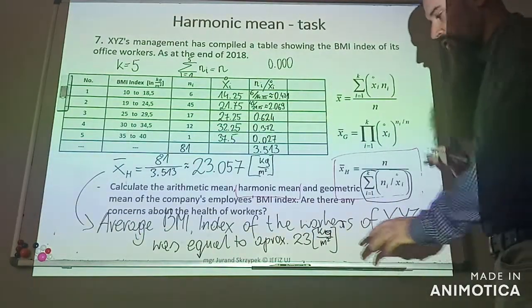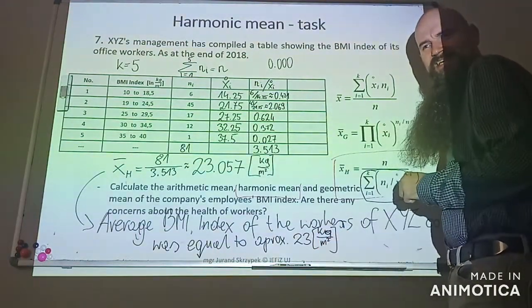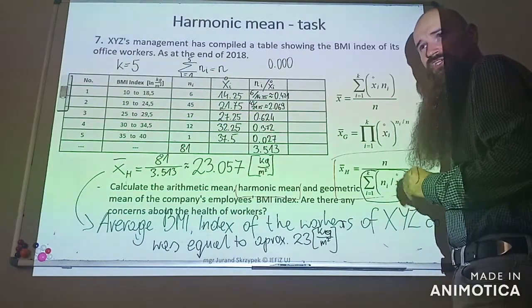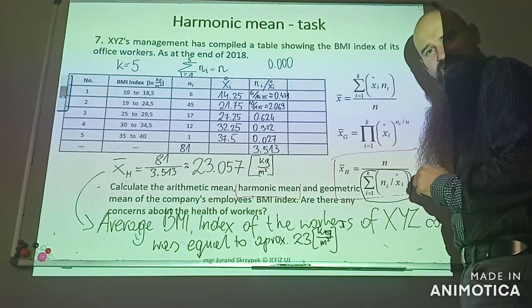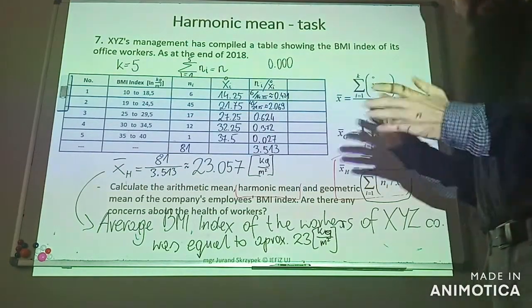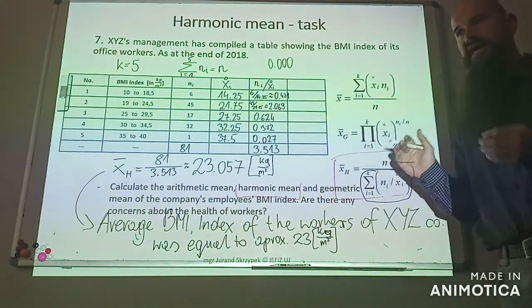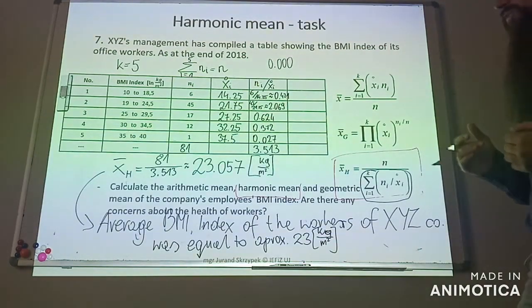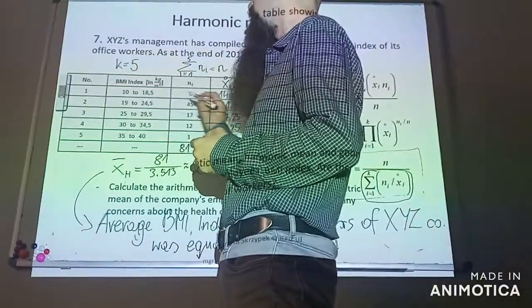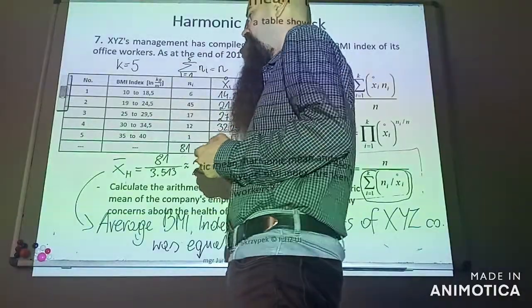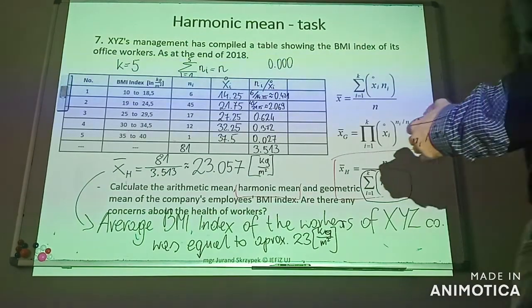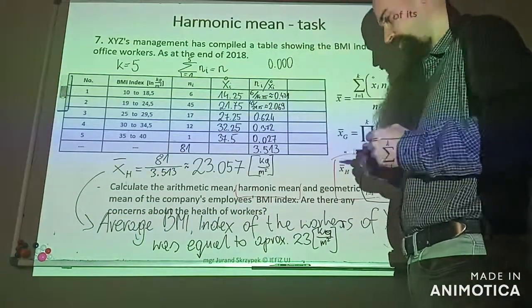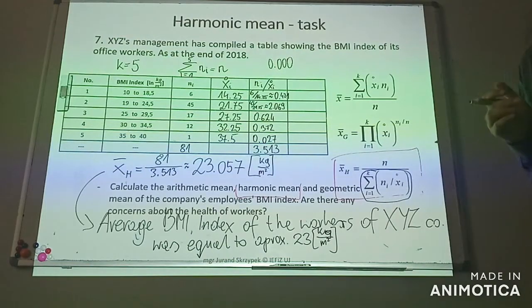Yeah, so it meets healthy standards. Yeah, the upper bound of healthy standards of BMI is 24.5. Yes, so we are within the healthy standards of the BMI index.